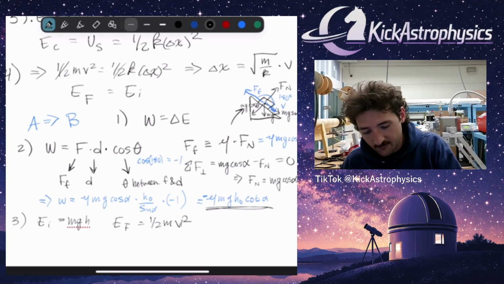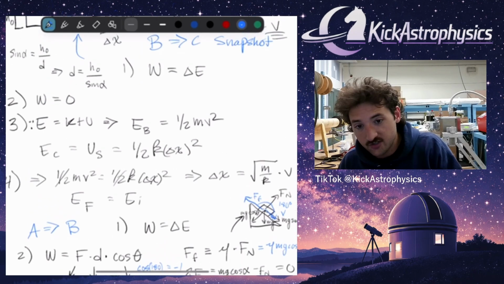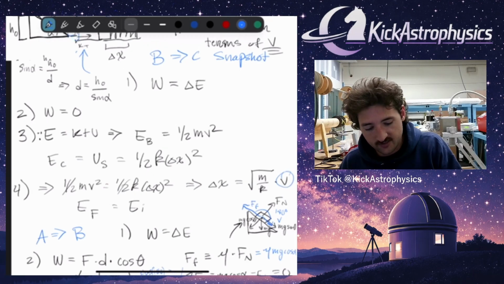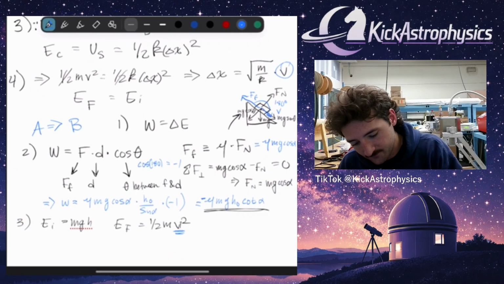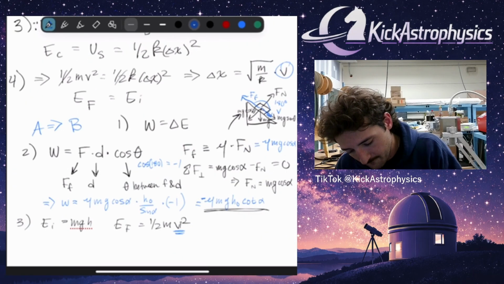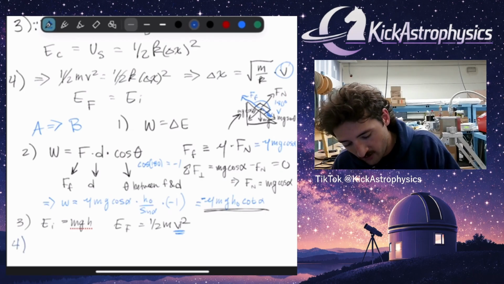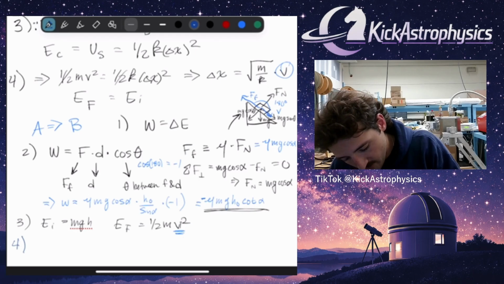That's that velocity that we're looking for in order to plug it back in to our initial equation up here, right? That's what we're solving for. So let's keep going. We're almost there. So now we have to set up the whole equation, right? That work is equal to EF minus EI.